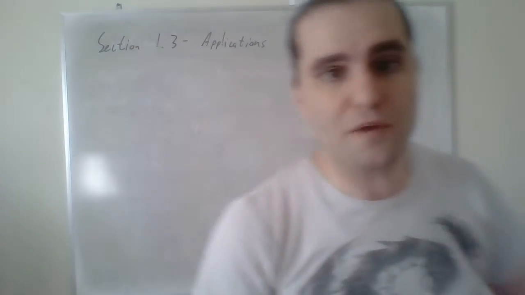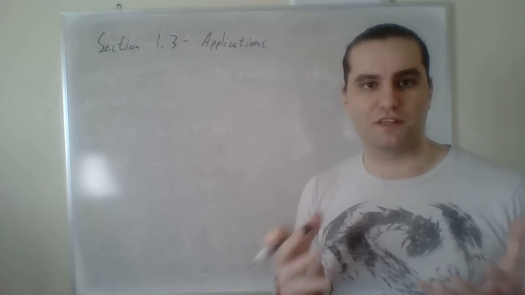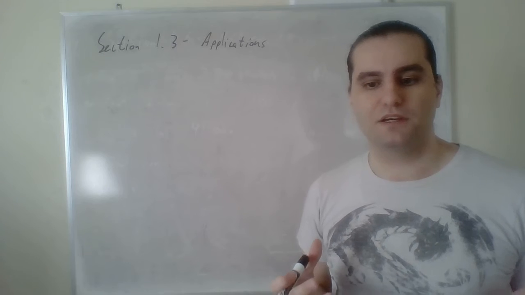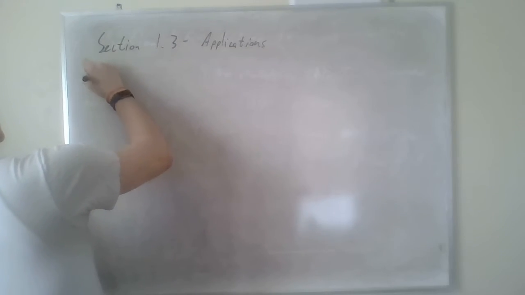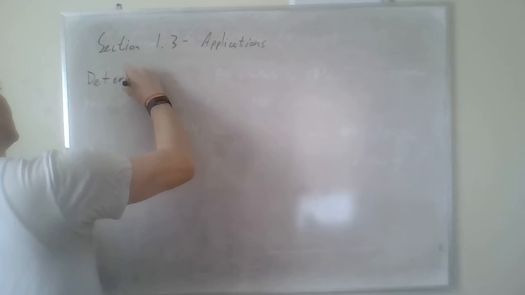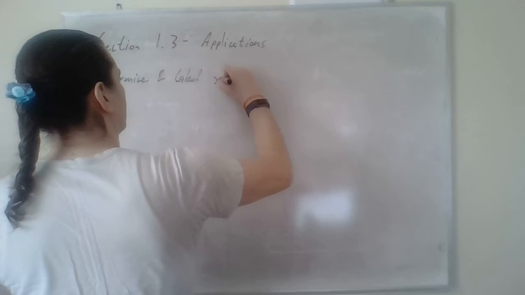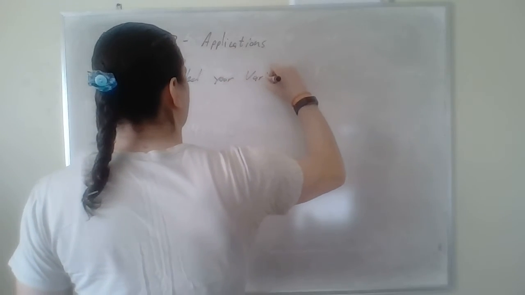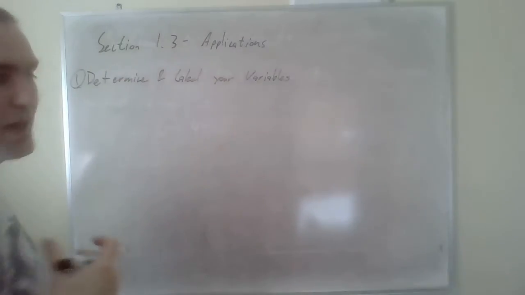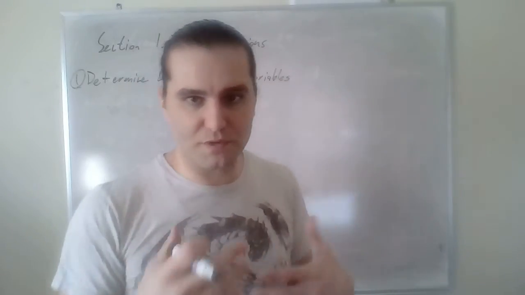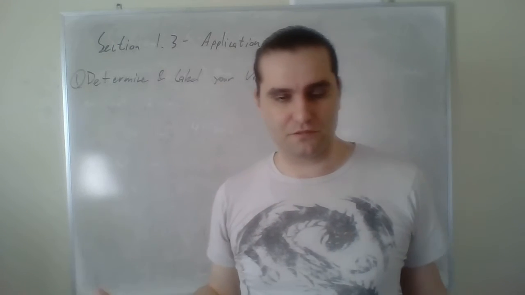So the number one piece of advice I have for you when you're doing these story problems is label your variables. In this college enrollment story problem that we're working on right now, there's a lot of things that are changing.